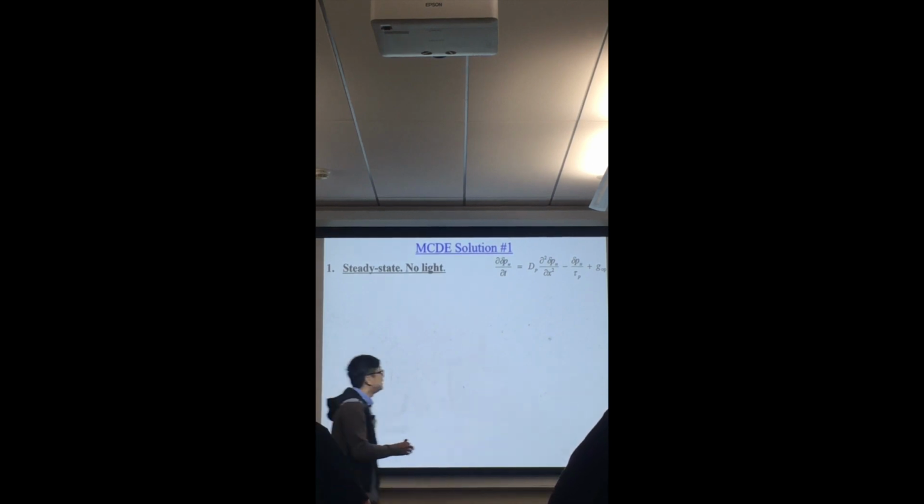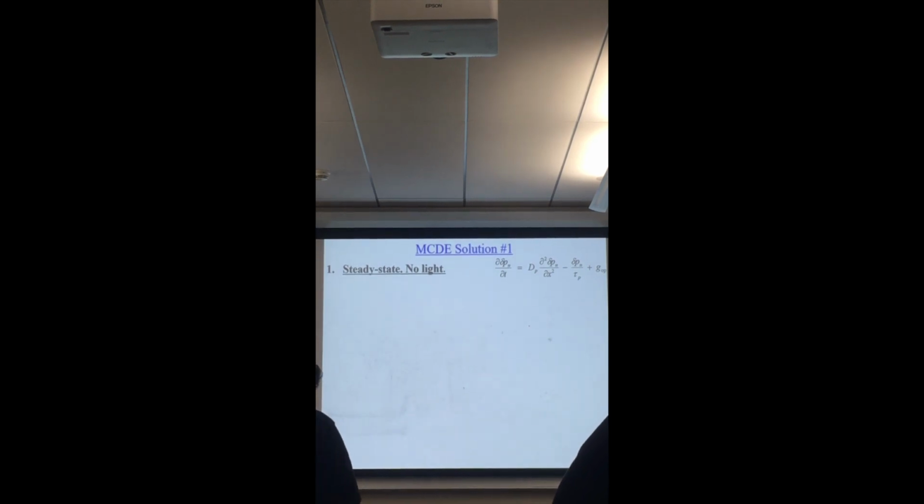Now let's look at the first case. The first one is steady state, no light. Let's just use this minority carrier diffusion equation here. For this case, can we further simplify this equation? For no light, what does it mean?